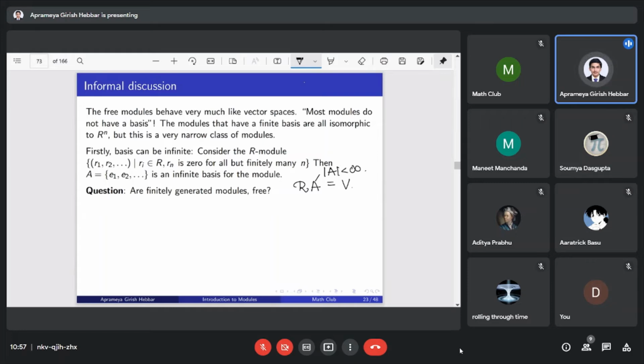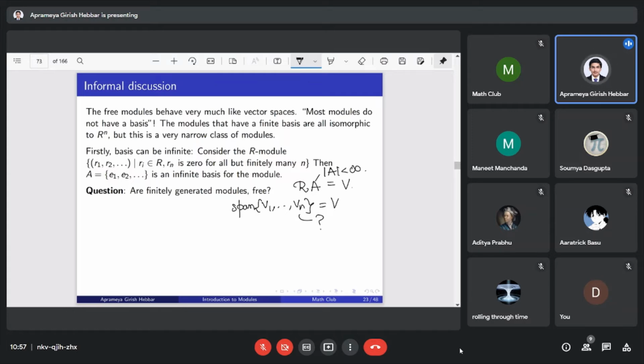That means, in the language of linear algebra, you have some n vectors that span V. Can you find a basis out of these vectors, or is there some finite basis?